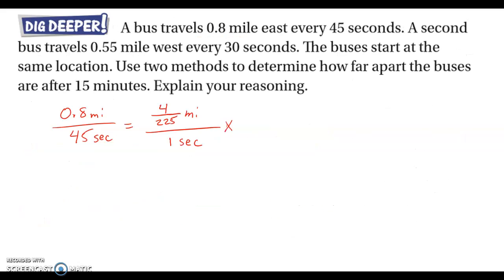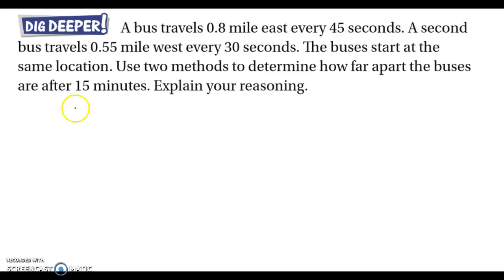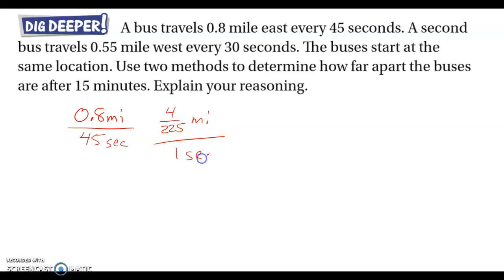The next page. All right, so on this one, we're going to take the 0.8 miles, 45 seconds, and we're going to do our division. We end up with 4 over 225 miles per 1 second. Now I want to change that to minutes.